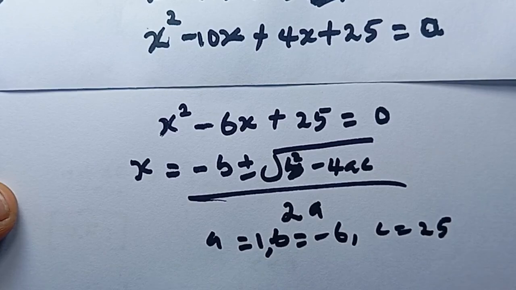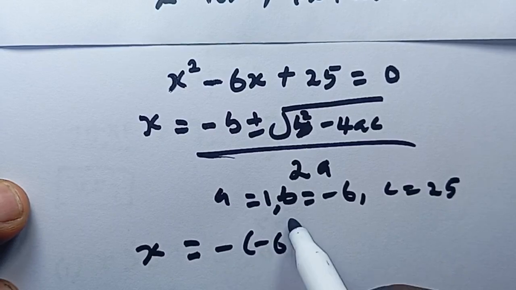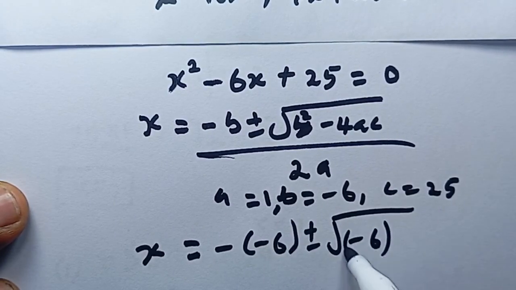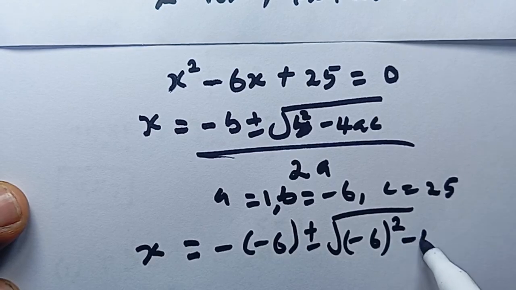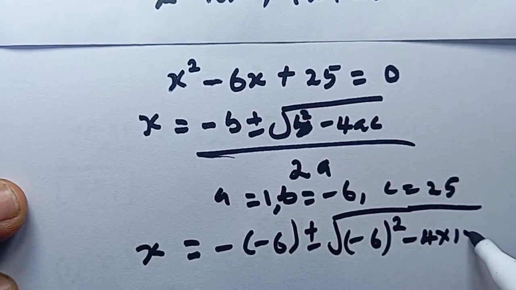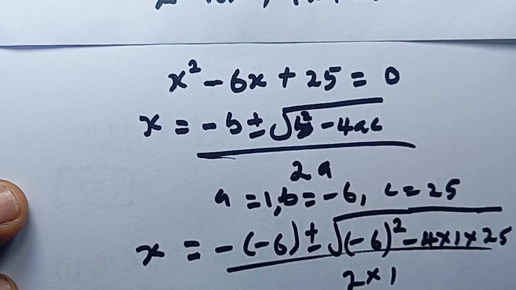So if we put all of this together, x will now be equal to minus minus 6 plus or minus the square root of minus 6 raised to power 2 minus 4 times 1 times 25, all of this divided by 2 times 1.